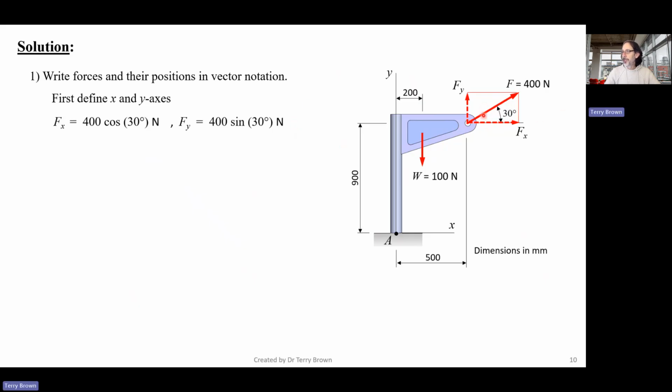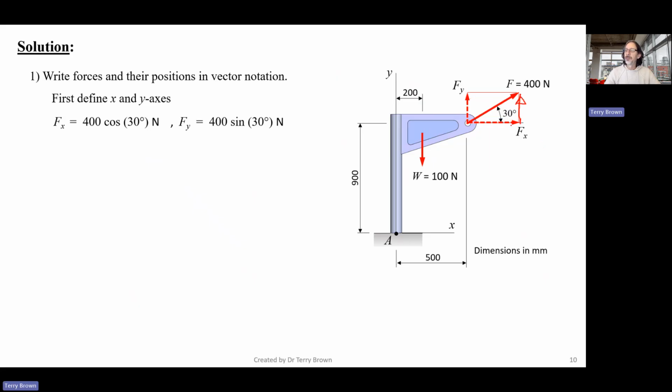Again, what I will say is note how I always put my components like this. In physics, they often show you when calculating or when drawing components to put the component out here like this.